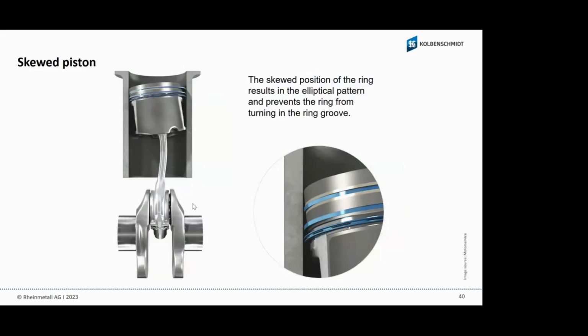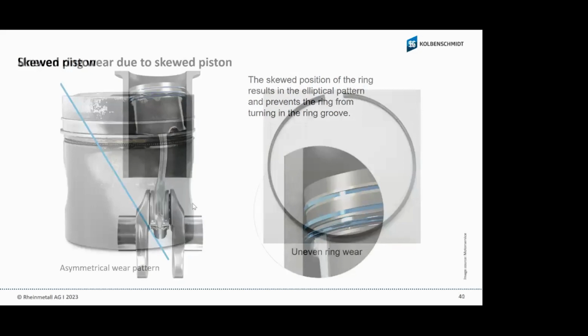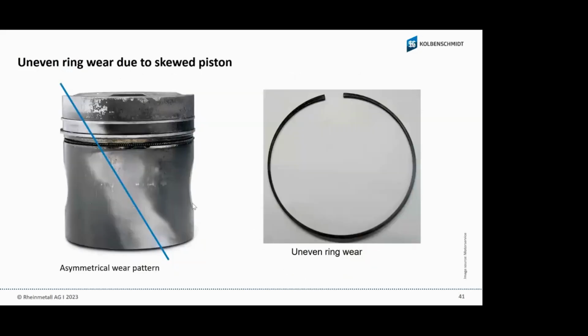When it's moving up and down like this, the piston ring cannot turn in the ring groove. And when it doesn't turn in the ring groove, the piston rings have wear on this side, on the shaft side, at the front and back side of the piston. You see on the right side, left and right, we have a lot of wear.